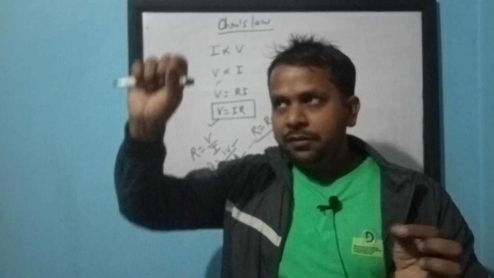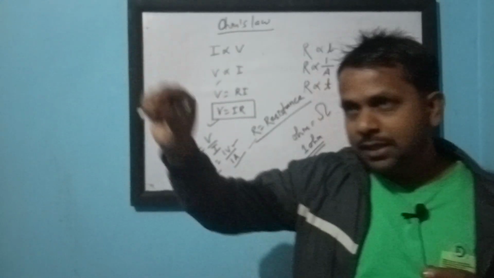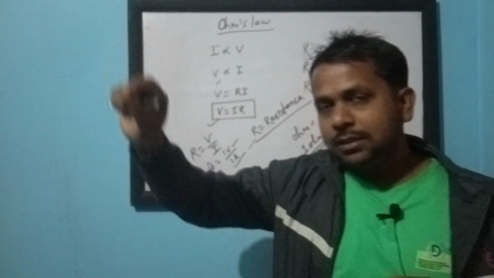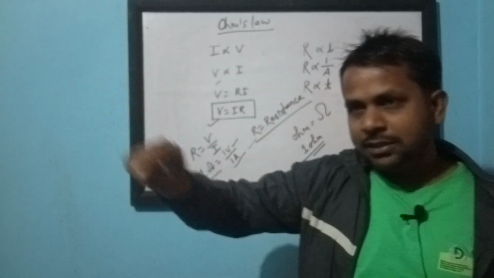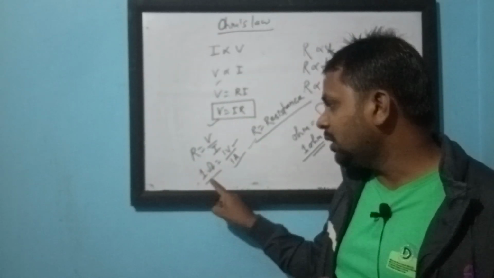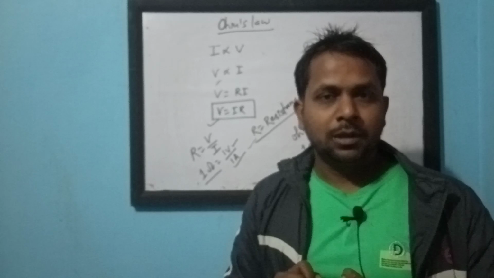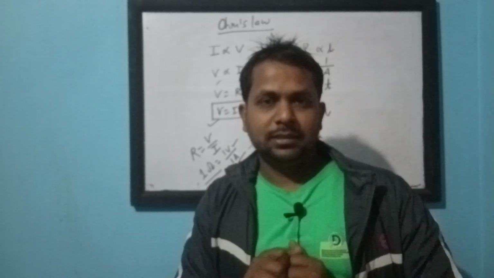Again, if in any circuit 1 ampere current is flowing and there is 1 volt potential difference, then the resistance of this wire is 1 ohm. I hope you are understanding this.